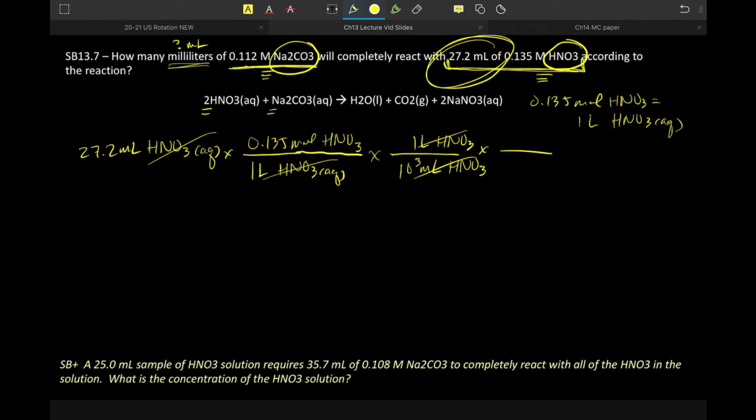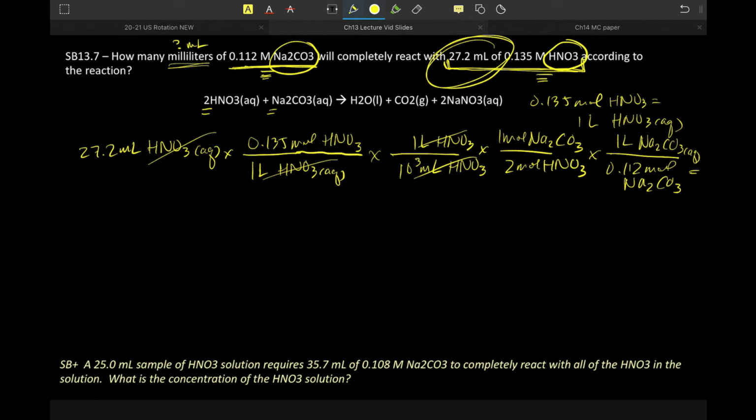So for every 2 moles of HNO3, we react with 1 mole of sodium carbonate. And I also know that 0.112 moles of sodium carbonate is equal to 1 liter of aqueous sodium carbonate.